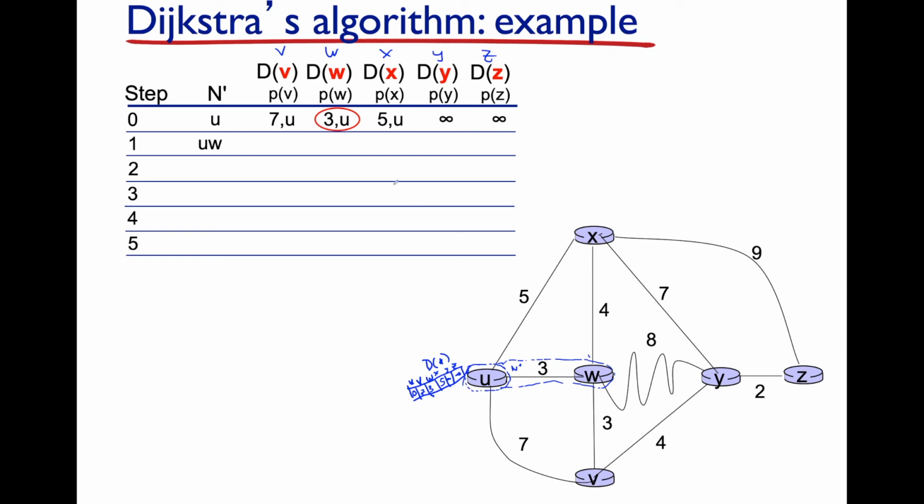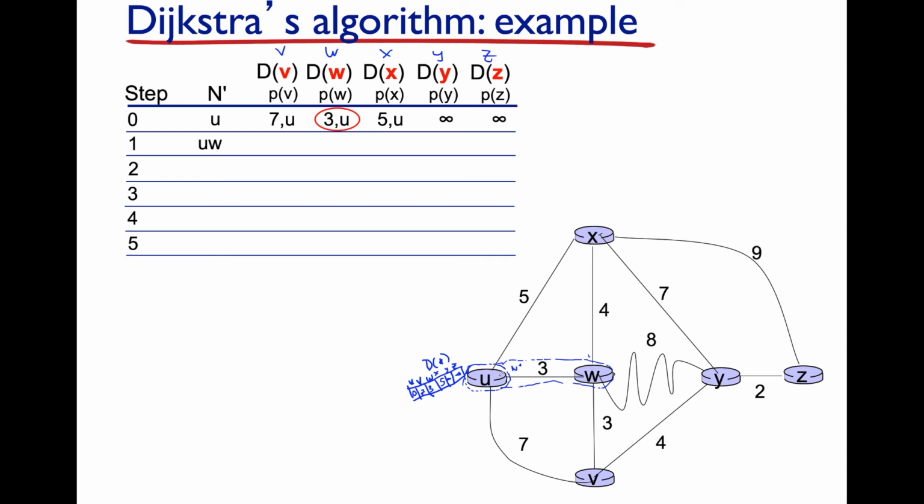Okay, so we know that to get from U to V, it's a cost of 7. If we go indirectly through W from U to get to V, well, what is that? That's a cost of 3 to get from U to W plus another 3 through that link to get to W's neighbor V. And remember, you only do this for each node's neighbors when you do this analysis.